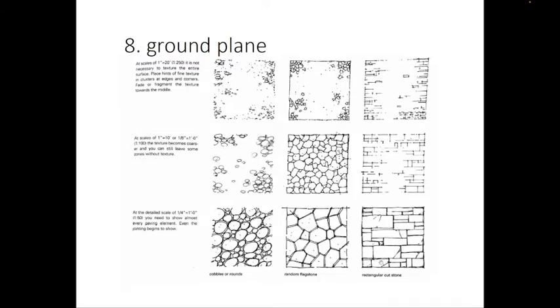In larger scales, you might wish to draw quite a bit there to give some character, at half or quarter scale. But in the smaller scales, it's not in our best interest to draw every single piece of gravel or every single piece of stone. It's in our interest to create a technique that gives the illusion that that is a stone surface.